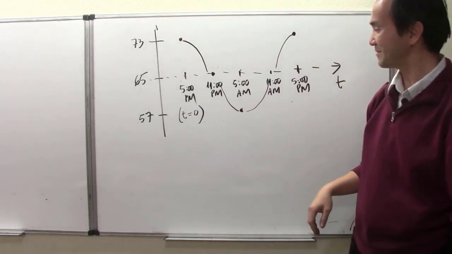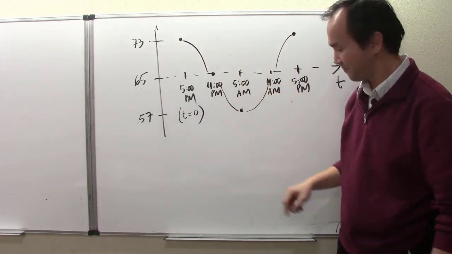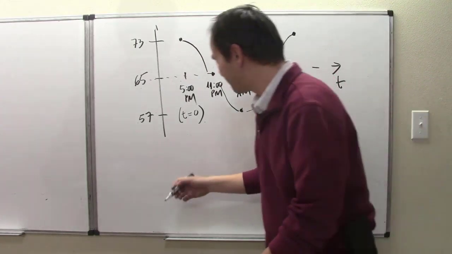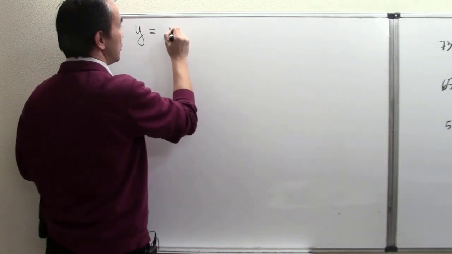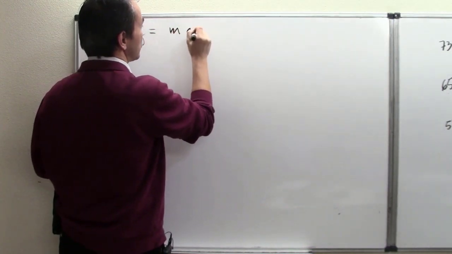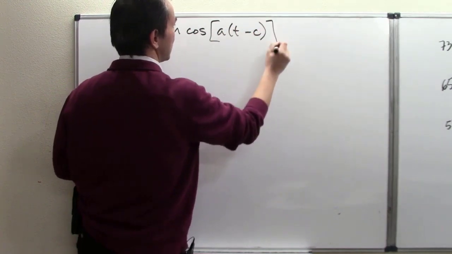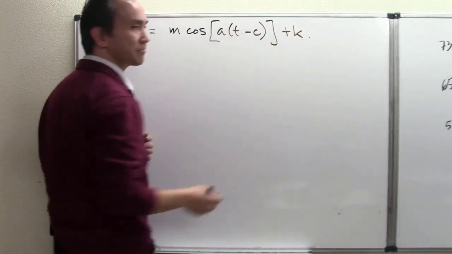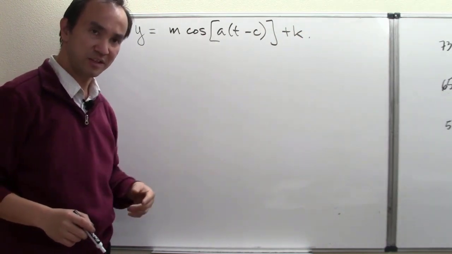Okay, and so now we've come up with a graph, and just one basic unit is good enough. And so now I'm seeing this as y equals some coefficient cosine of a times t minus the starting point plus k. And I'm going to come back to the other board and start identifying the information.